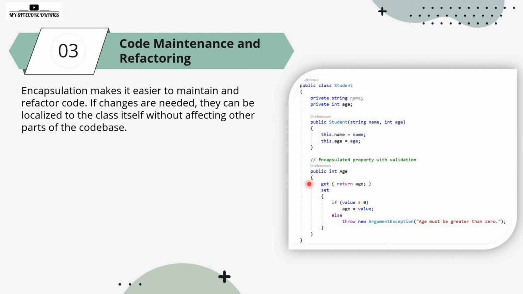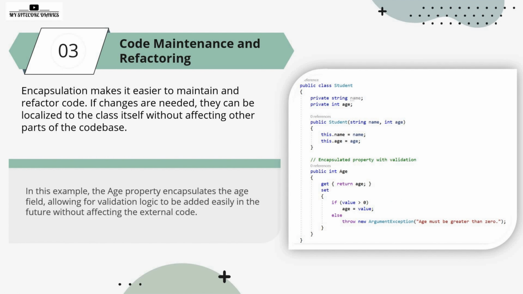Where you are setting the age, you have the validation also applied. So in this example, the Age property encapsulates the age field. Now this Age is your property, which is public, but the actual value is stored in the private integer age. So this is your field.